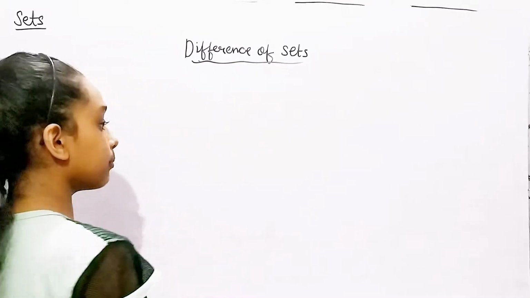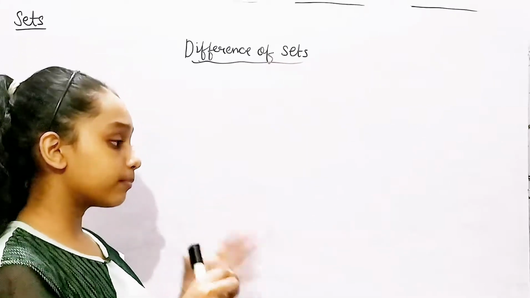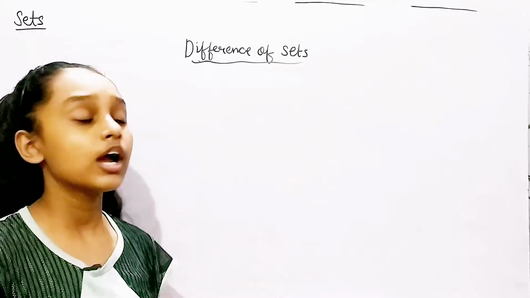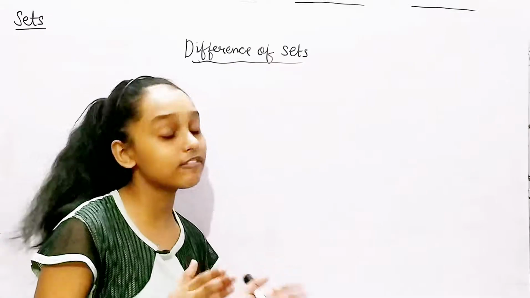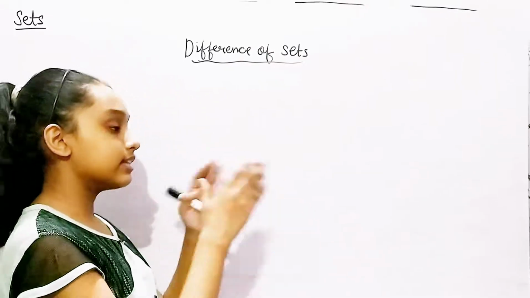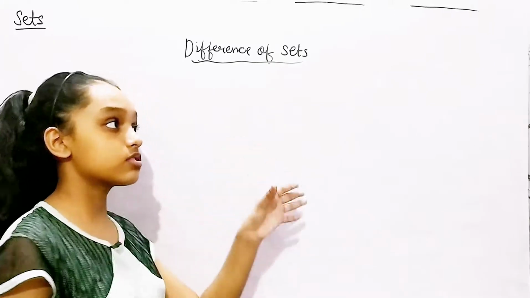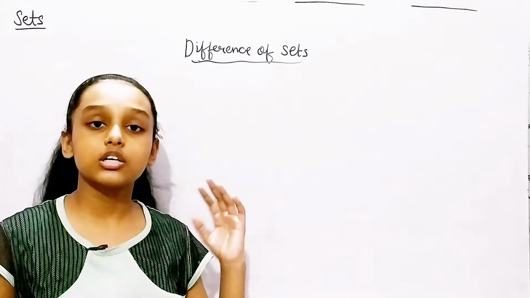What is difference of sets all about? It's only about finding what elements of, let's say we have two sets, set A and B as usual. We're going to have a look at the elements of A that don't belong to set B. So basically that's what difference of sets is.